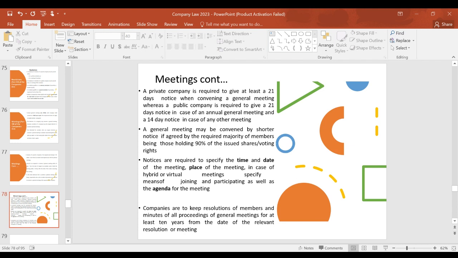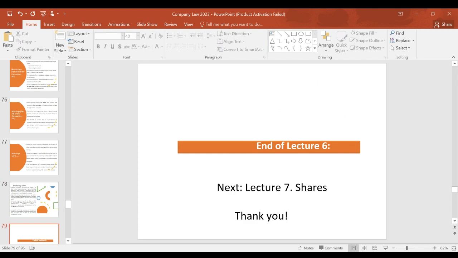In case there's a dispute in future, at times they normally go back to look at how the proceedings happened within that general meeting and what was discussed. So the law requires that for 10 years after the resolution has passed, that kind of record be kept within the company records.